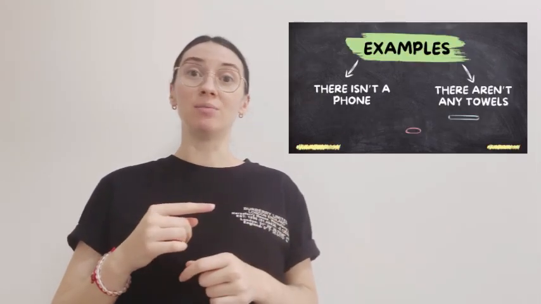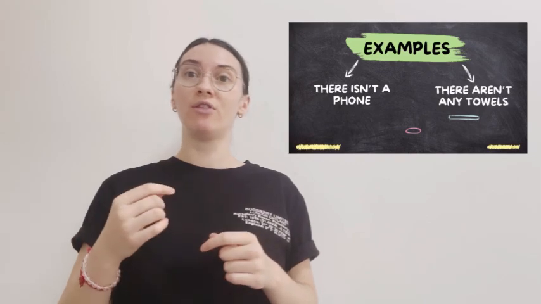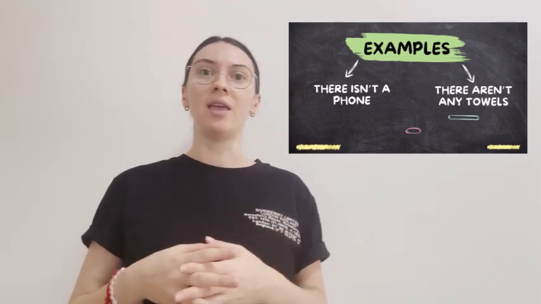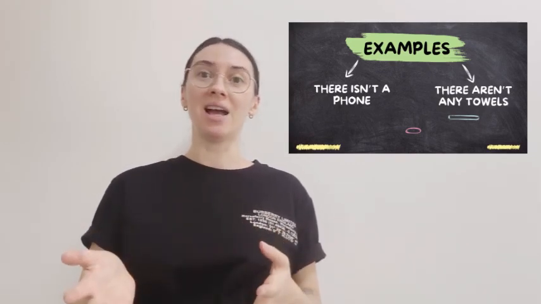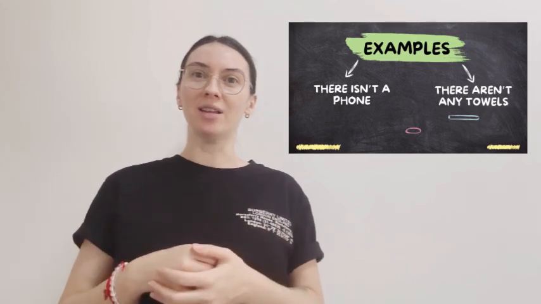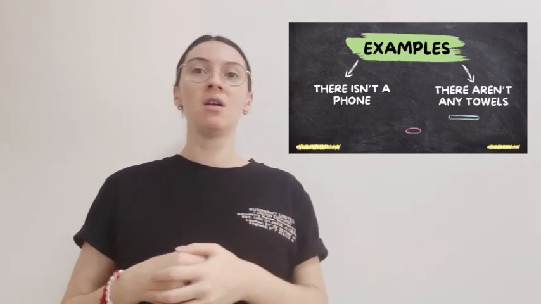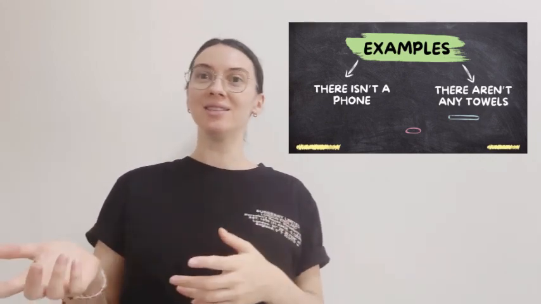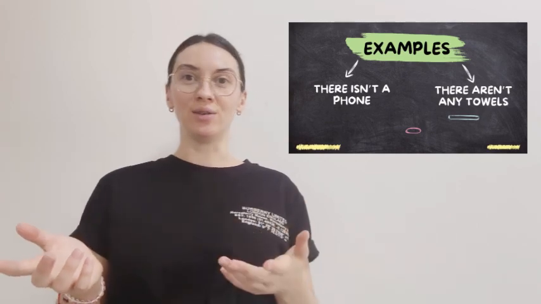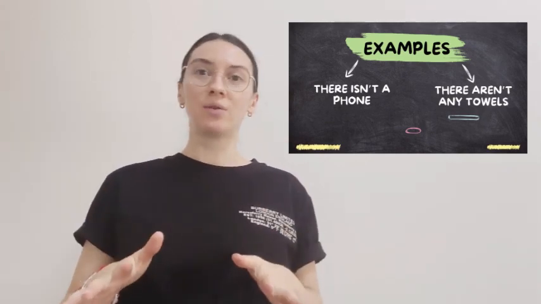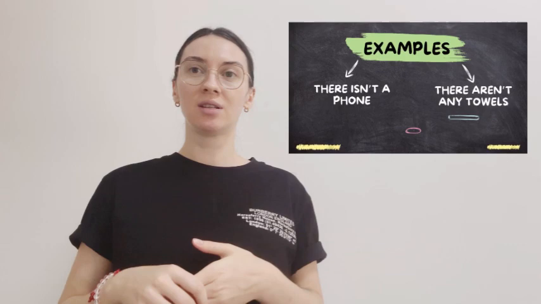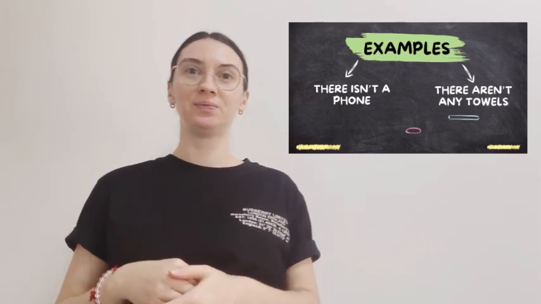Let's look at some examples. There isn't a phone, and there aren't any towels. Who can give me another example here? Okay, somebody else? Good. Do you have any questions at this stage? Okay, let's then continue.